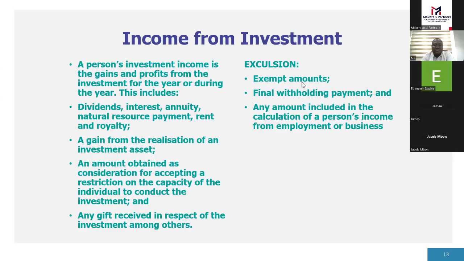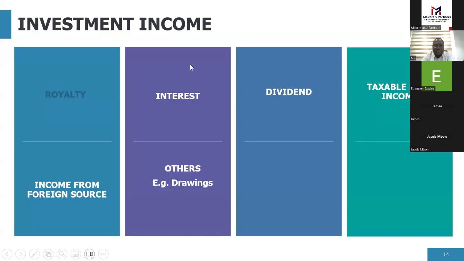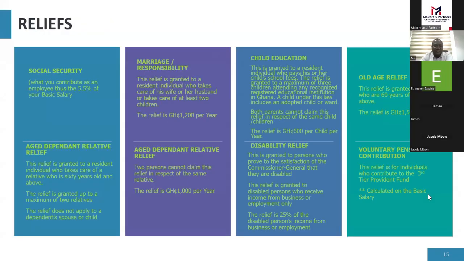It's also part of your, if you've ever received gifts in respect of investment among others, you are supposed to add that as income from investment. If you are a director of a company and then you are getting drawings, you are supposed to add that also as investment. Now let's look at the reliefs.